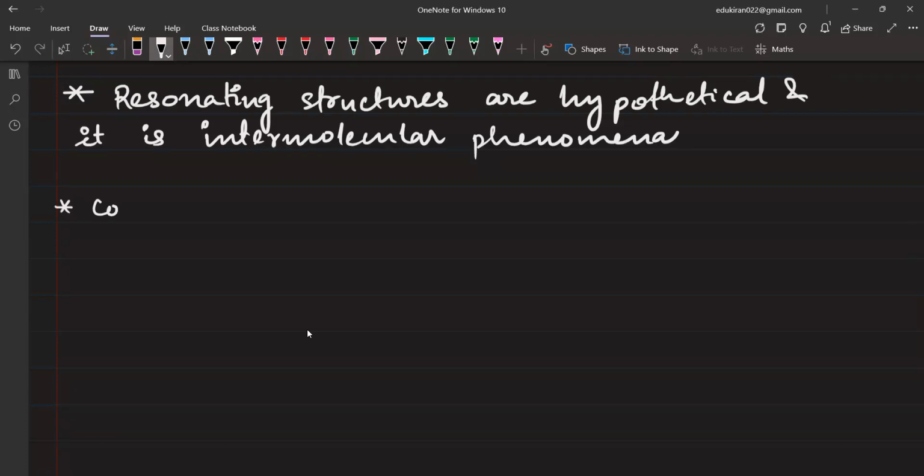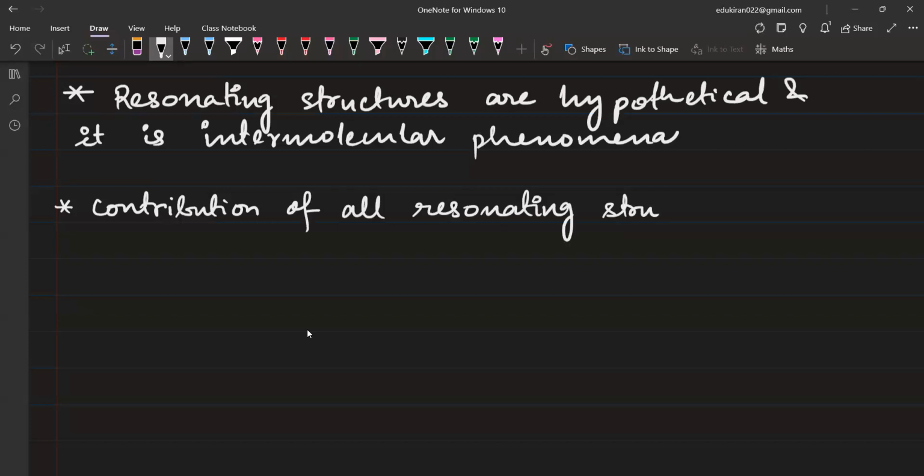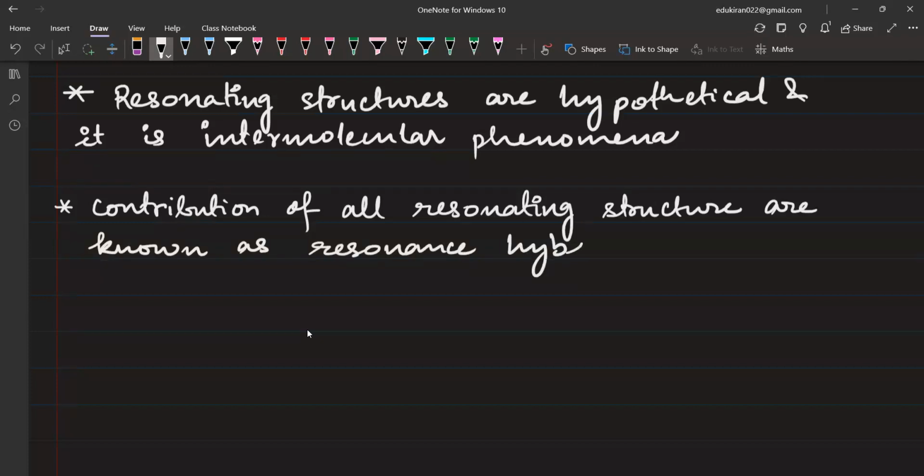Contribution of all resonating structures are known as resonance hybrid structure.